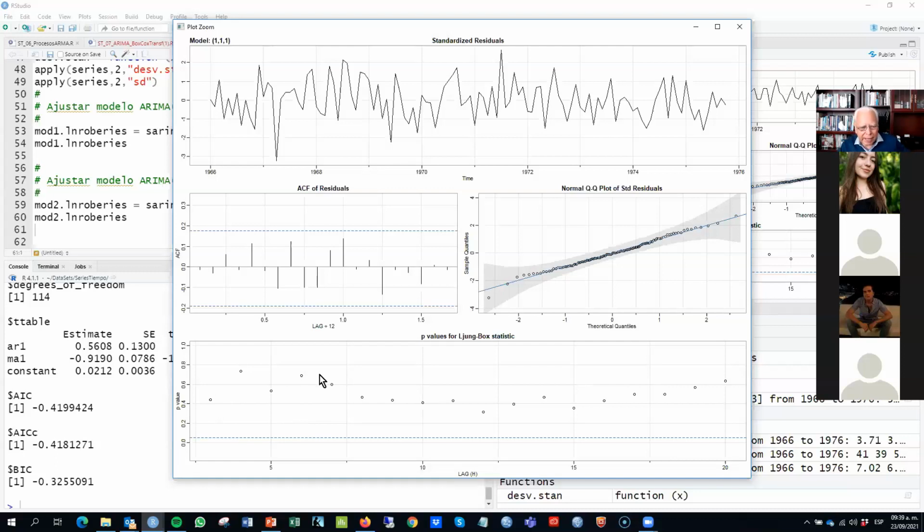We want to see p-values that are large because those are an indication that I have a good fit of the model, and the white noise assumption that is made at the beginning to develop the estimation of the model is a valid assumption. So there's no reason to doubt that assumption. Okay.